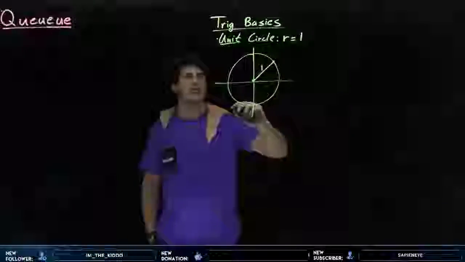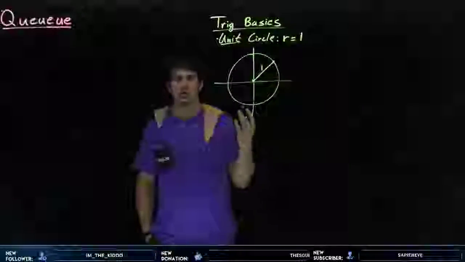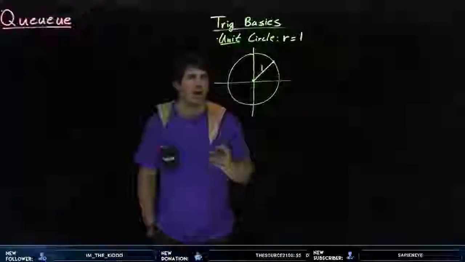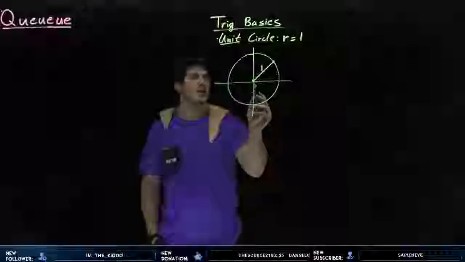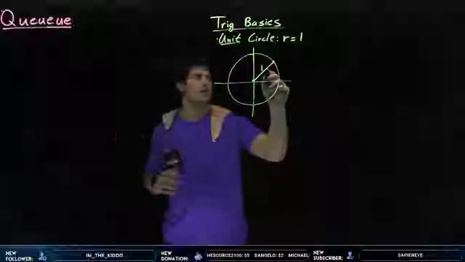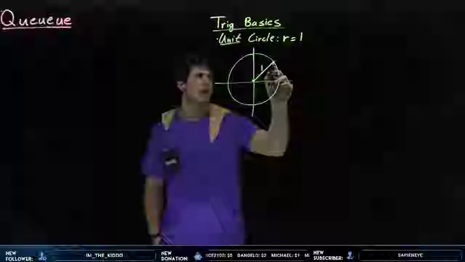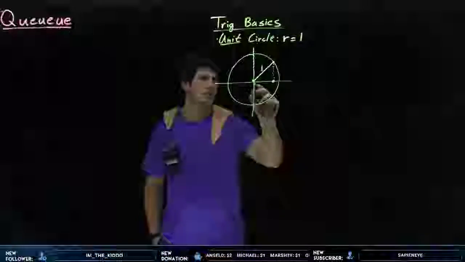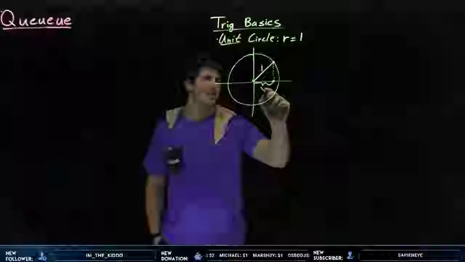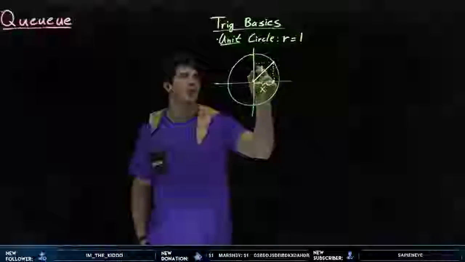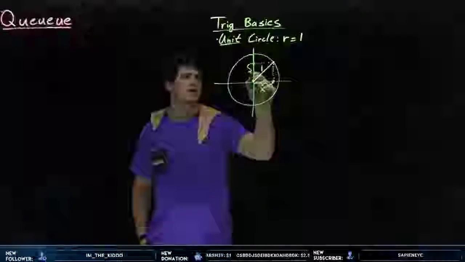So all of the radii I could draw in here are just going to equal 1, which is pretty convenient for what I'm going to end up solving for. However, what if I want to find the x value, just the x portion of this line? I could drag a line down here, and right here, this is my x distance. Just like if I were here, I could draw a line over, and that is my distance in the y direction.